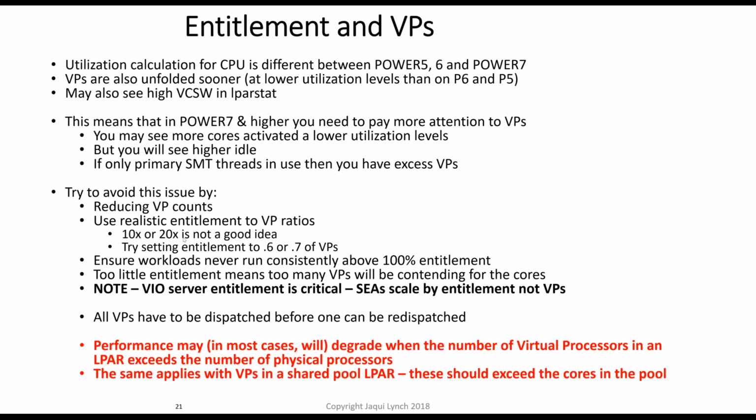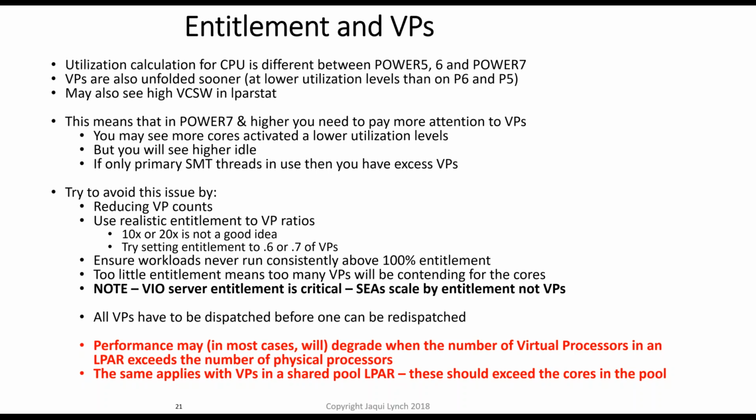So I don't set my entitlements to 10x or 20x. I like these average to peak ratios. So I set my VPs to just a little above peak, and I tend to set my entitlement to a little bit more than I need on average, or I might set it to about 0.6 or 0.7 of virtual processors.